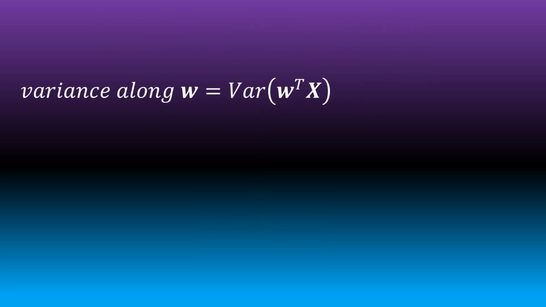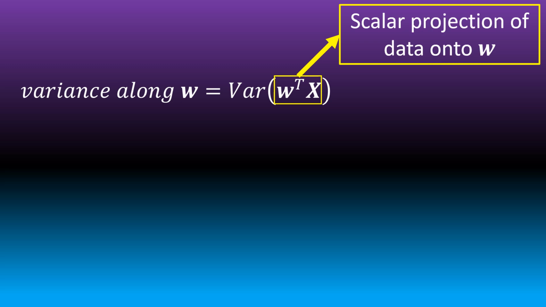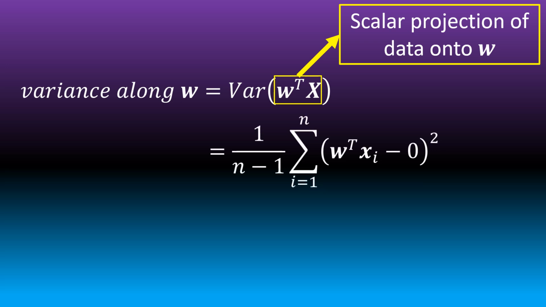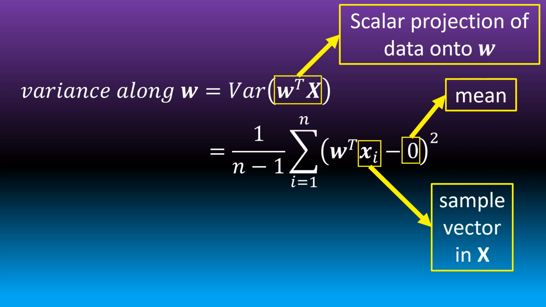So the variance along W is the variance of the scalar projection of our data onto W, or W transpose times X. That's equal to that summation, and remember that our mean is 0, and that's why we're subtracting 0, or not doing anything at all really.